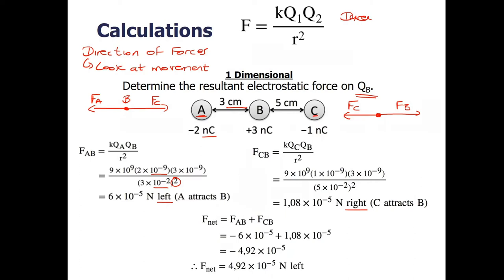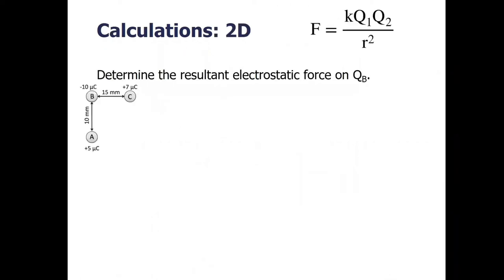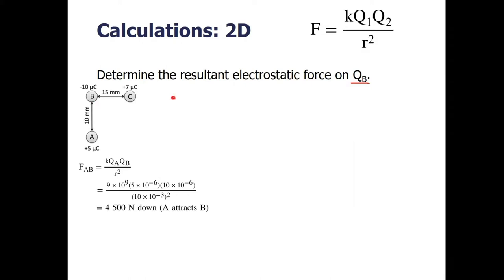All right, guys, let's have a look quickly at a two-dimensional one. So this is one-dimensional, so we look just working left, right. Now, a two-dimensional one is where we have a 90-degree angle. So again, you're going to look at the free body diagram. So determine the resultant electrostatic force on B. What's B going to do?